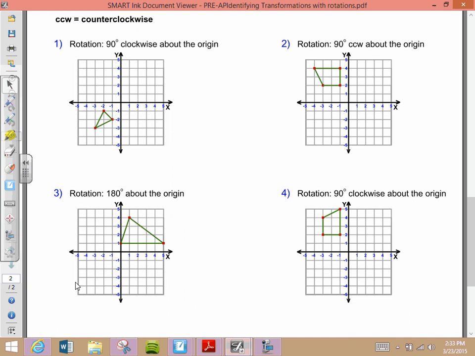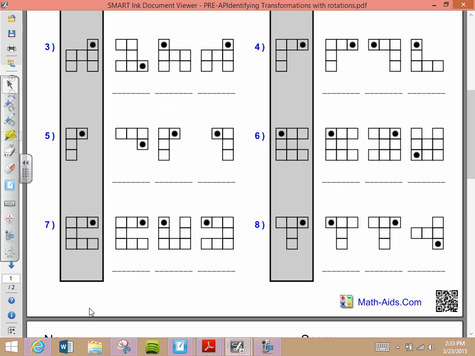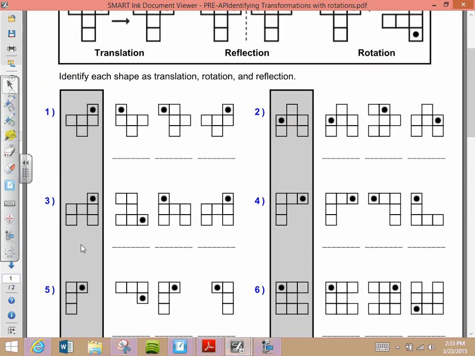All right. So for this one, these were very easy, right? Just identify what was happening. So what is the first one? And then for this one?